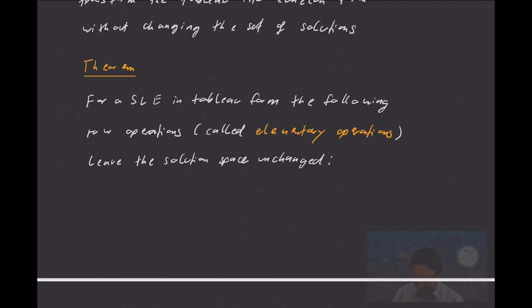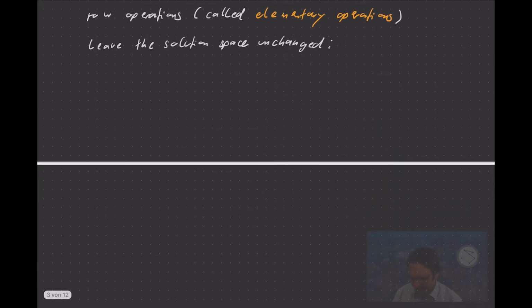And those operations are basically the translation of what we've just seen into tableau form. So the first operation here is we can exchange any two rows. And of course, by successive exchanges, we can basically alter the order of the rows in any way we want.